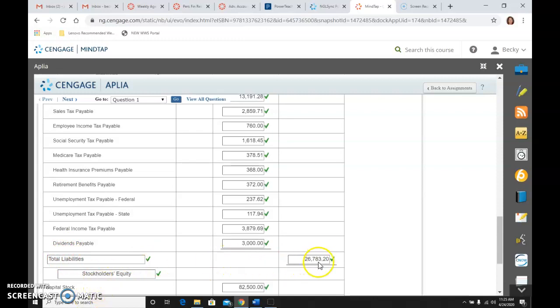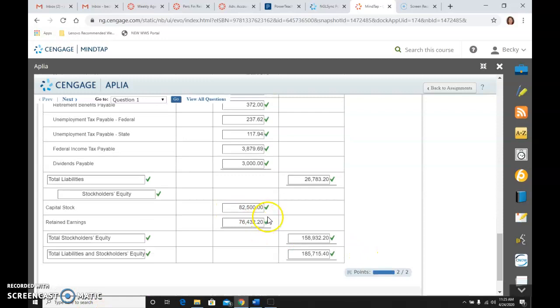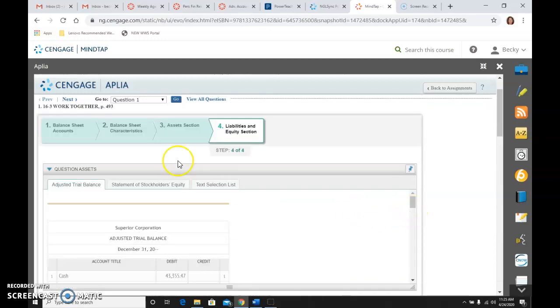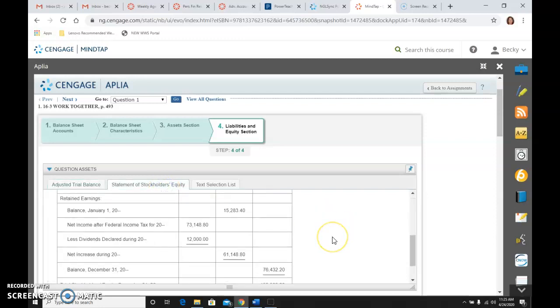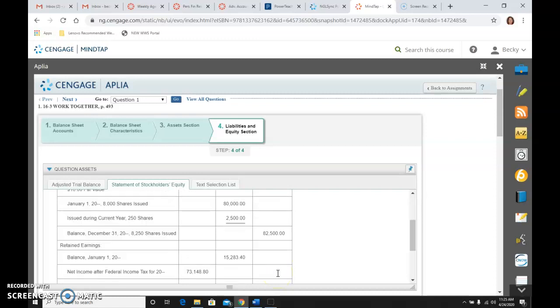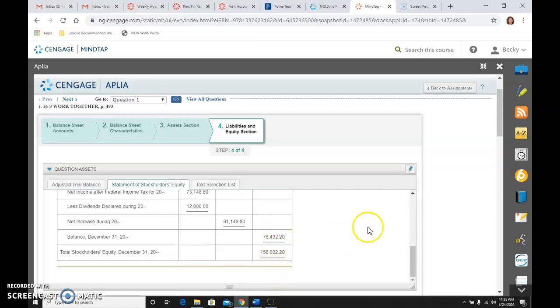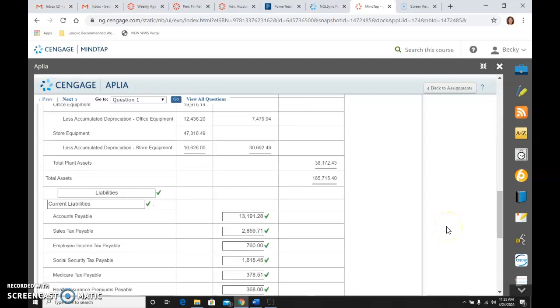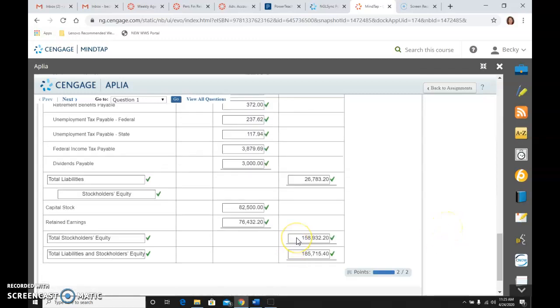But total liabilities, 26,783, and then remember these numbers came from the statement of stockholders' equity, not from the adjusted trial balance. I think I have it up here and I can show you that. So 82.5 for capital stock and 76,432.20. So that's where I get my equity numbers.